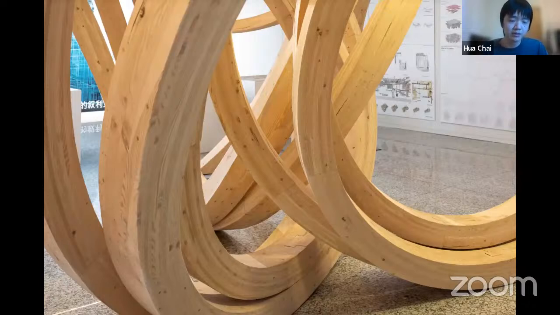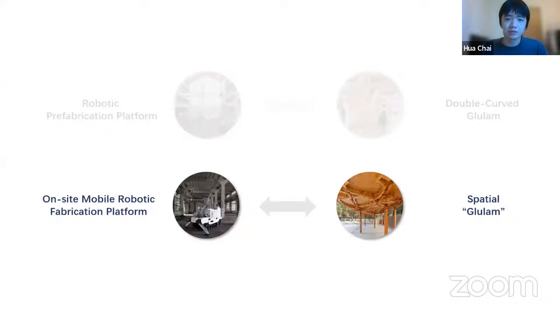We also hope that the freeform structure could be a display of the potential of the robot platform's morphospace. So this is the first project, and the second part of my presentation will mainly address the on-site mobile timber fabrication platform and the spatial glulam system we are developing.